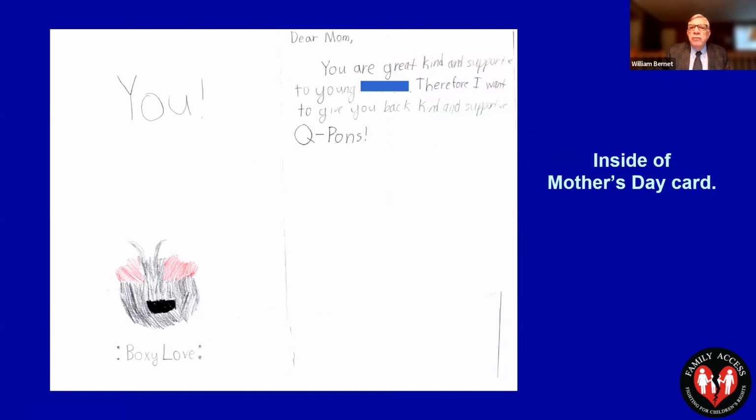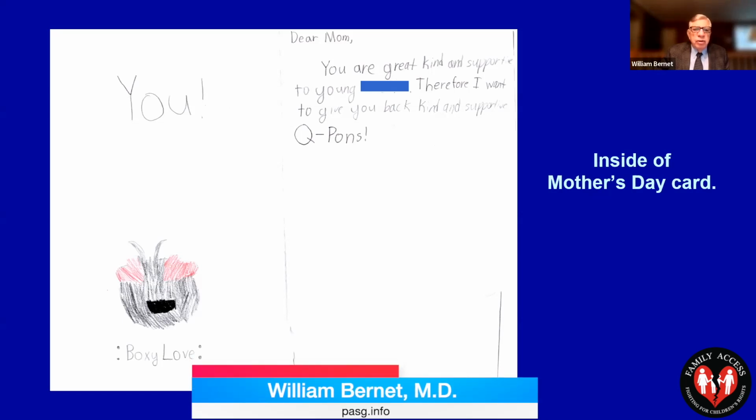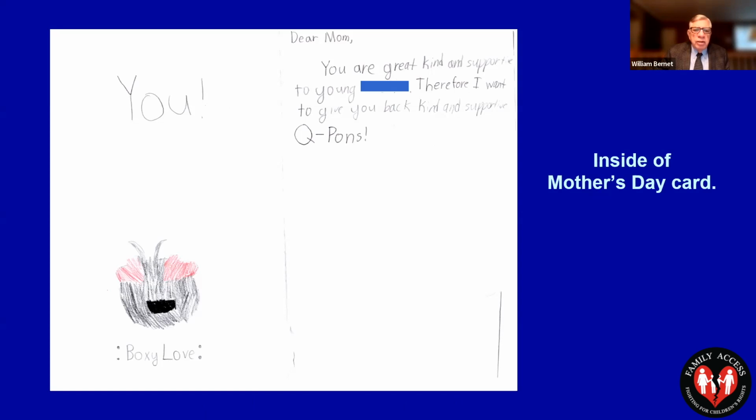Therefore, I want to give you back kind and supportive coupons. This is a little thing that the child made up about coupons that the mother can turn in for certain rewards or behaviors by the child. And it says over here on the other side, boxy love. I'm not exactly sure what that means, but I guess it's something in the child's message to the mom.